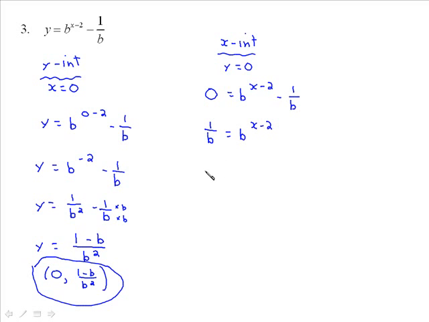Get yourself a base of b. So 1 over b becomes b to the negative 1, and that's equal to b to the x minus 2. Drop the bases b. Negative 1 is equal to x minus 2. Add 2 on, and x is equal to 1. So this one is going to have an x-intercept of 1, 0, interestingly.